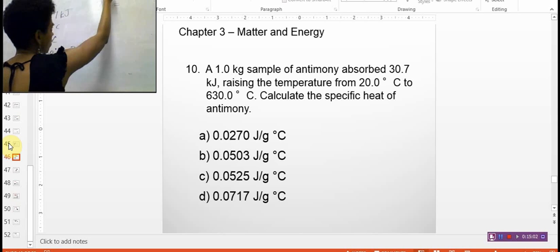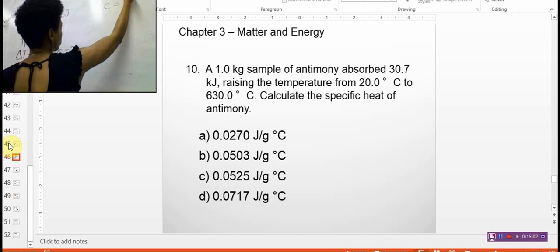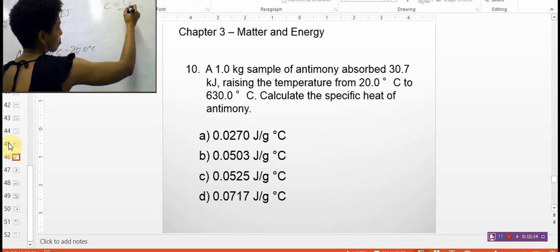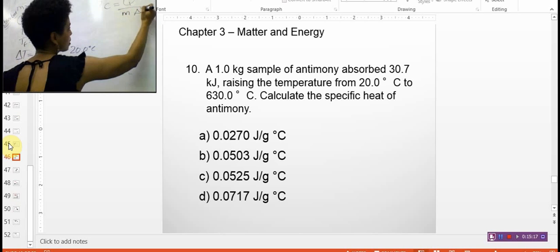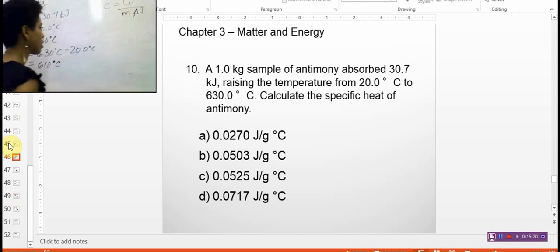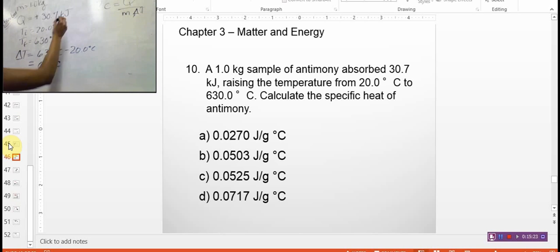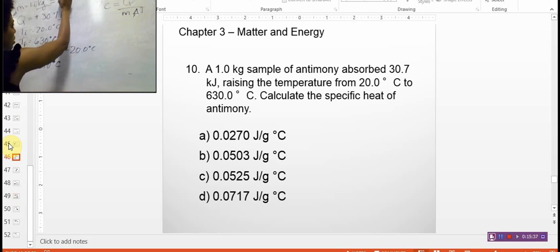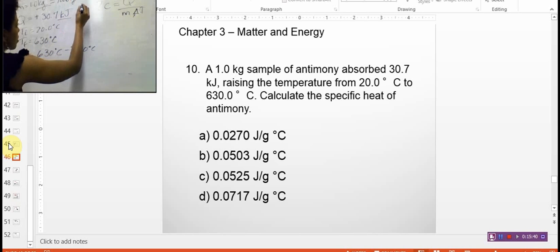Well, if I have Q equals MC delta T, the C is going to be Q divided by M delta T. Now, we can use these kilojoules and kilogram amounts because the kilo will cancel out, but remember, specific heat is in calories per gram per degree Celsius. So let's just convert these to 1,000 grams and 3700 joules.